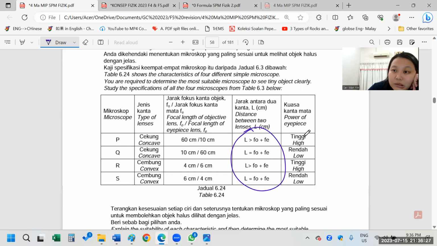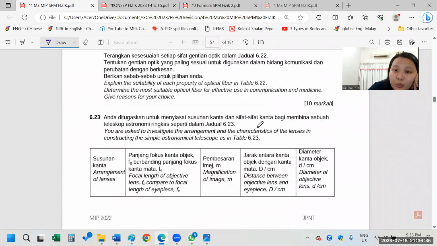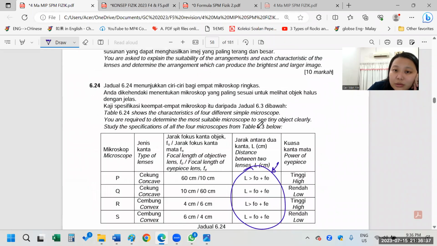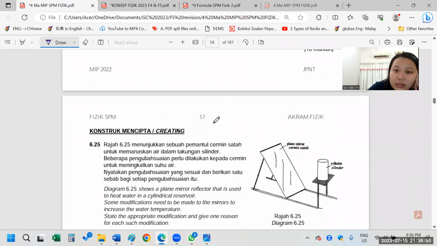It might be complicated to you. I think I will explain it next week. So I hope you all can go study back telescope, microscope, and how to draw the light ray on the lens first.